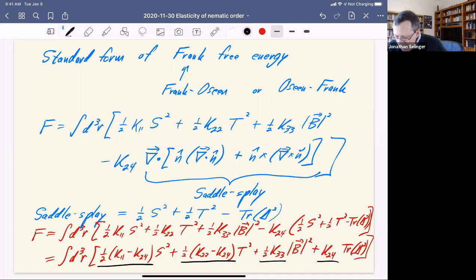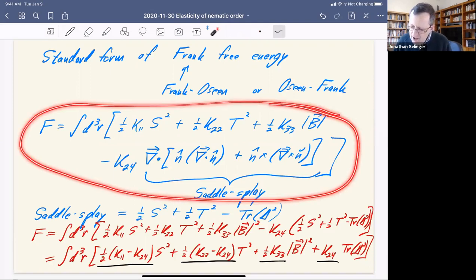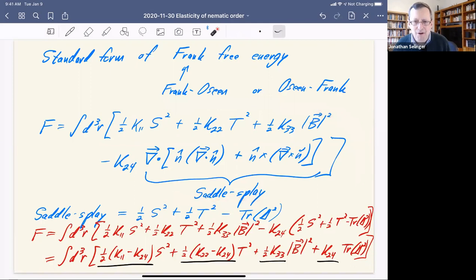Okay, now this thing in blue up here is what you will see from all the other professors you interact with. This thing that is written out down here, this is the expression that I came up with.